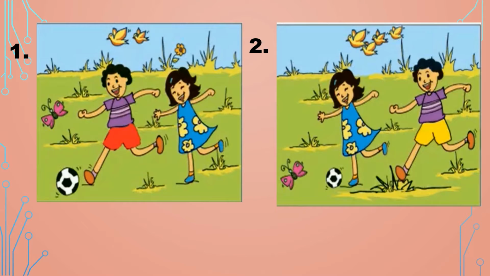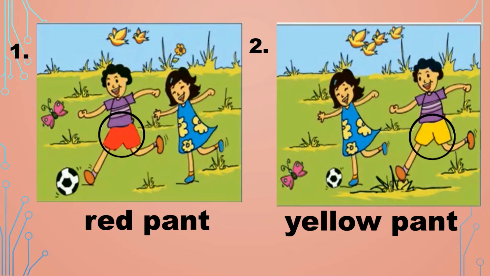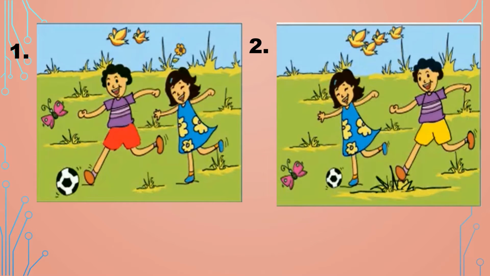Students, can you observe the colorful clothes of the children? In the first picture, the boy wears the red pant, whereas in the second picture, the boy wears the yellow pant. In both the pictures, we can see the children are playing football.